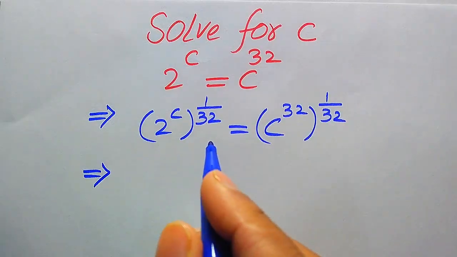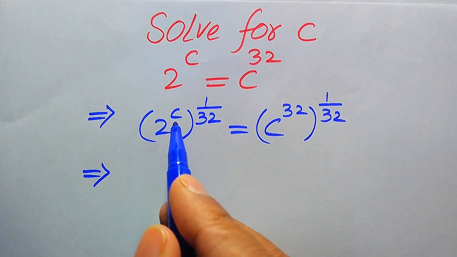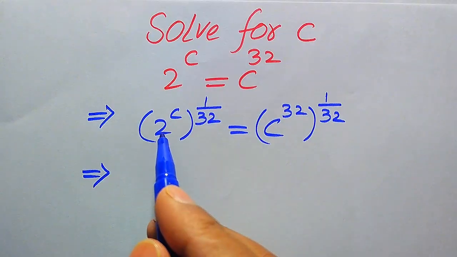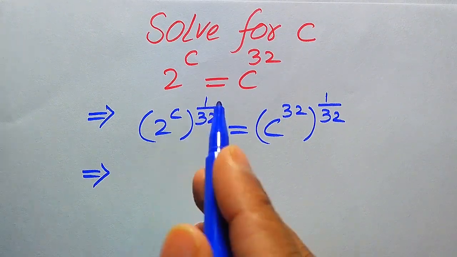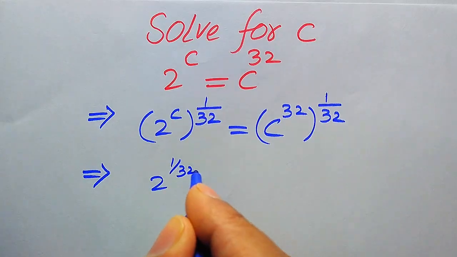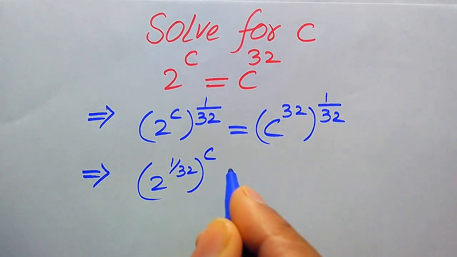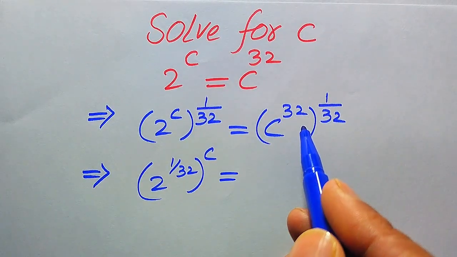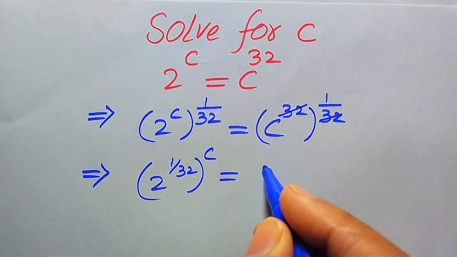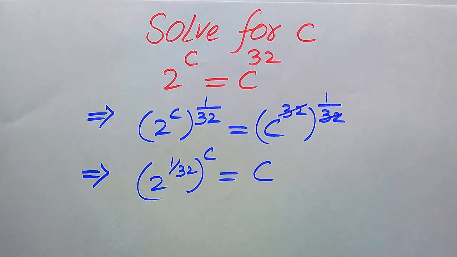In the next step, we interchange these two exponents: we move this 1 over 32 inside the term and move the c outside, and it becomes 2 to the power of 1 over 32 and its whole power c is equal to c, since this 32 and this 32 cancel out each other and we get only c.